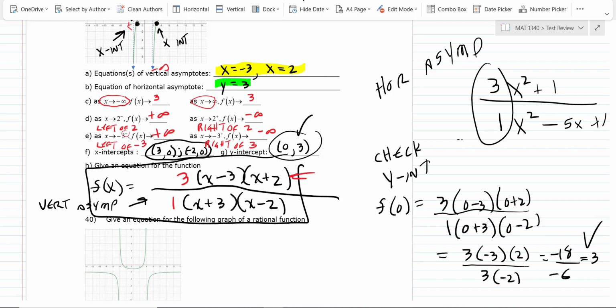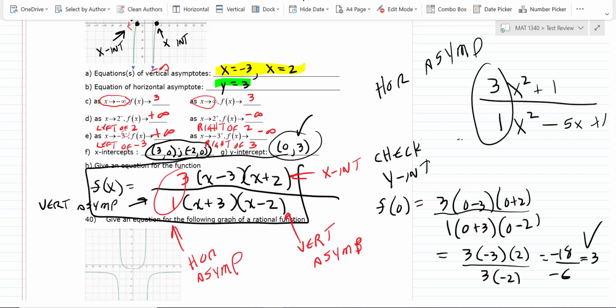The x-intercepts are coming from the numerator. The vertical asymptotes are in the denominator, okay? And then this thing right here is the horizontal asymptote. That's kind of doing something in reverse.